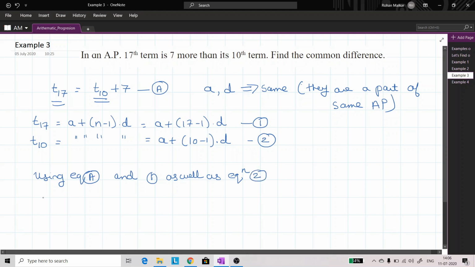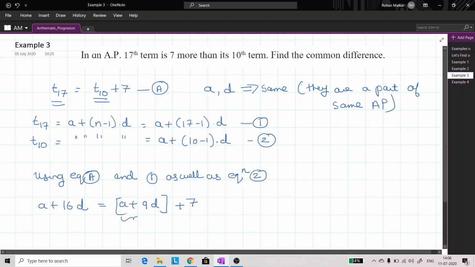So let's see. I'll substitute. So I get A plus 16D. This is my 17th term, will be equal to A plus 10 minus 1, that is 9D. This is my 10th term, plus 7.